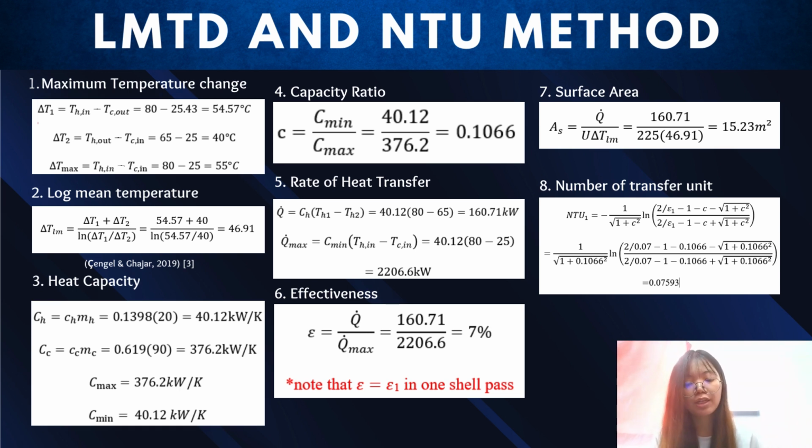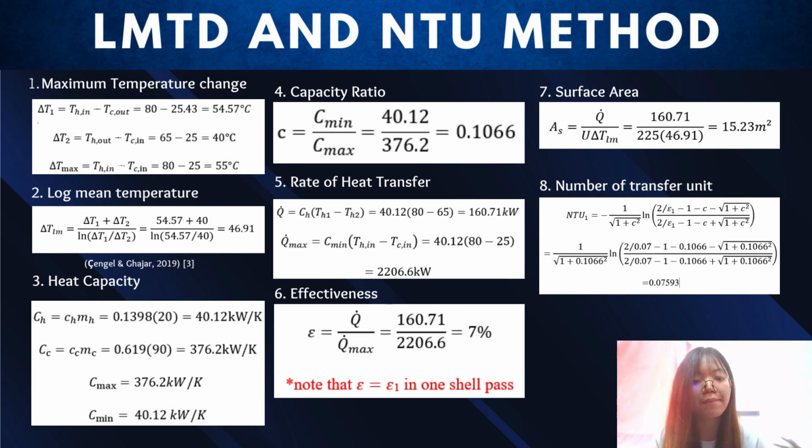And for information, the effectiveness is equal to the effectiveness for one shell pass, which we are referring from the textbook. And next, we calculate the surface area. The surface area is equal to the rate of heat transfer divided by the U and the log mean temperature. Then we got our surface area equal to 15.23 meters square.